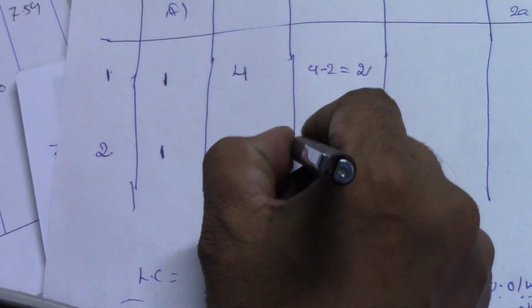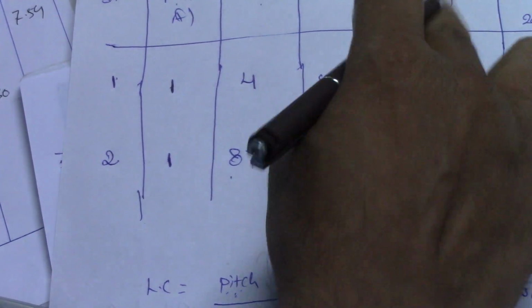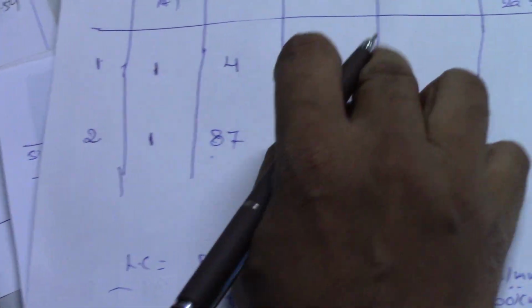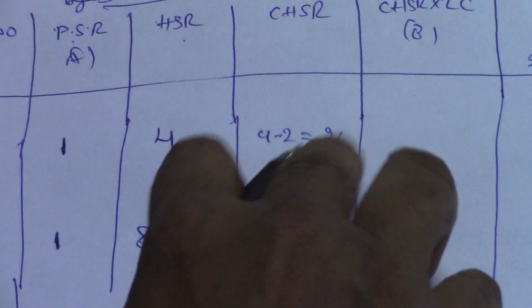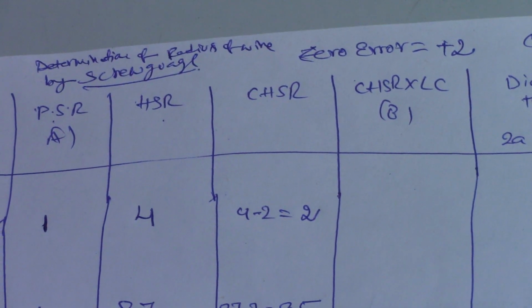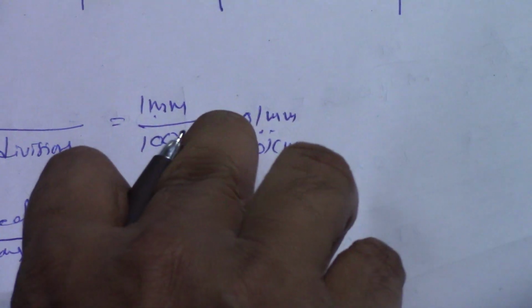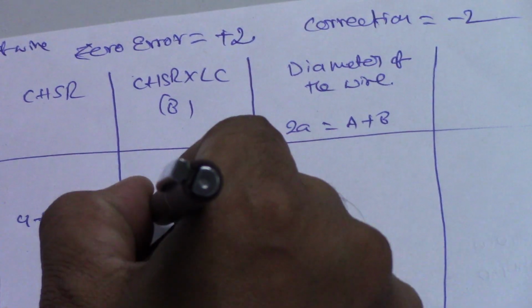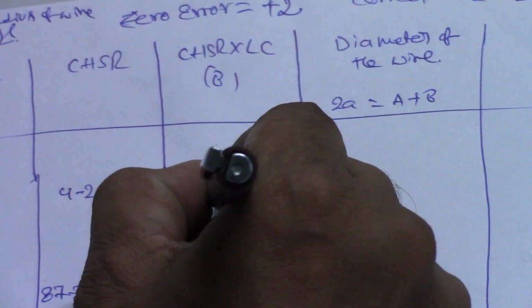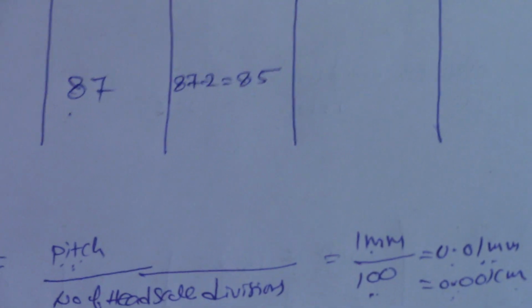Here, what is the corrected head scale reading? 87 minus 2 equals 85. The next calculation is CHSR, the corrected head scale reading, into the least count. In the first case CHSR is 2, and the least count of the apparatus in mm is 0.01, so CHSR into LC becomes 0.02.